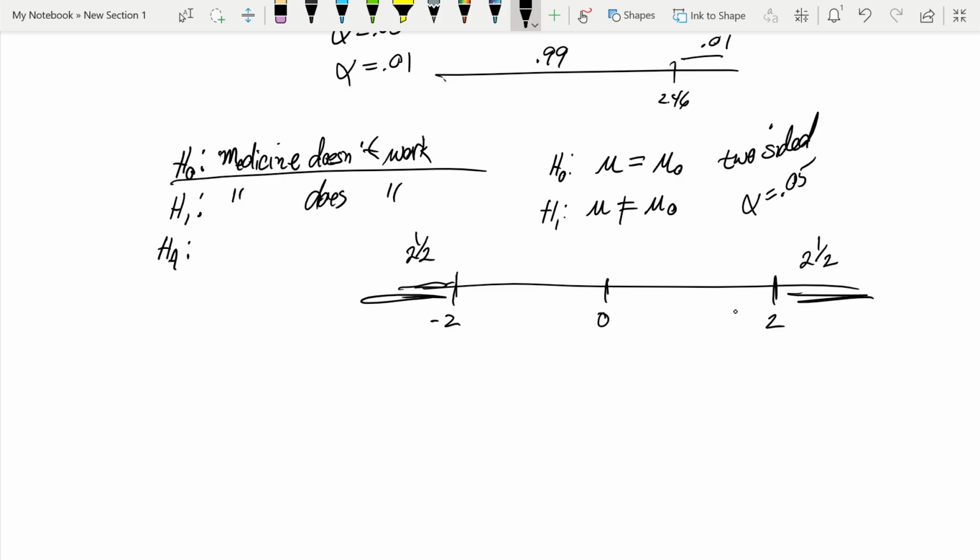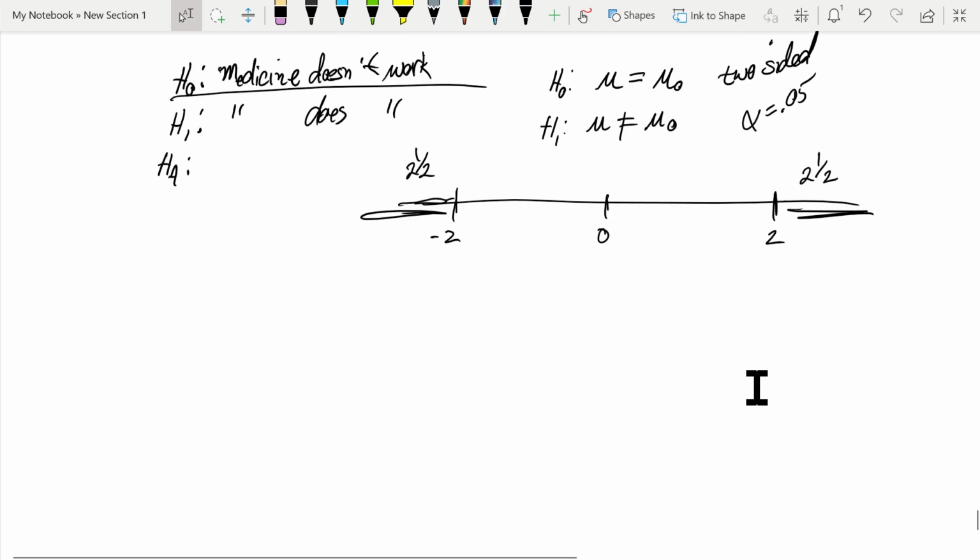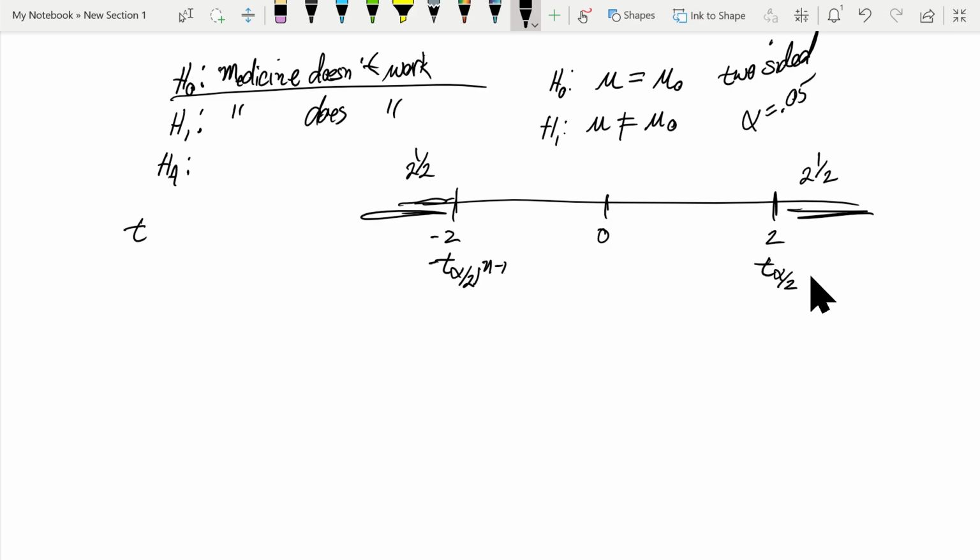So two-sided, the alpha level, the chance of error, is split between the two ends. And in this case, I would have a t value, and the t-value is the same on both ends except for the sign, and the probability is alpha over 2 with n minus 1 degrees of freedom.